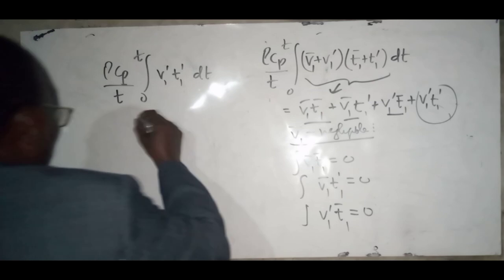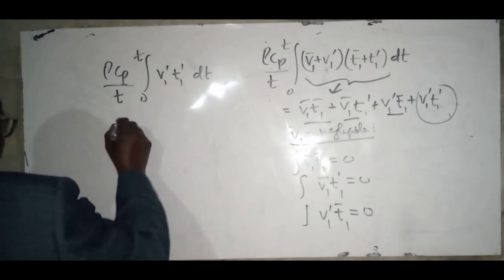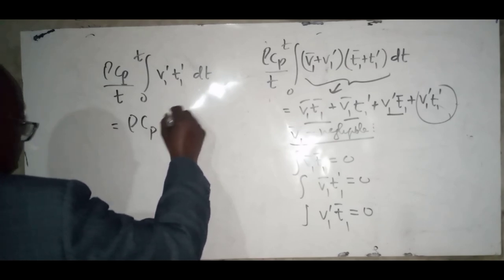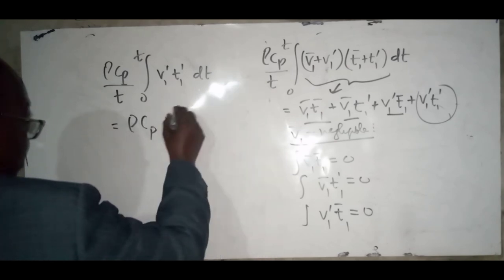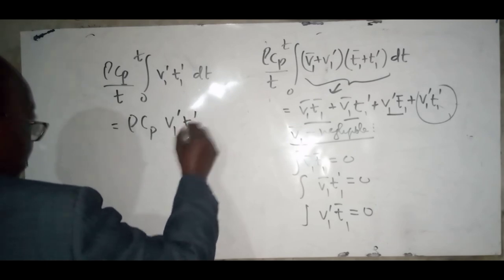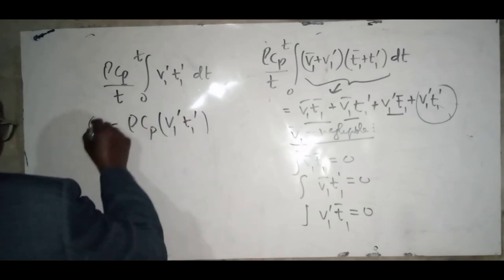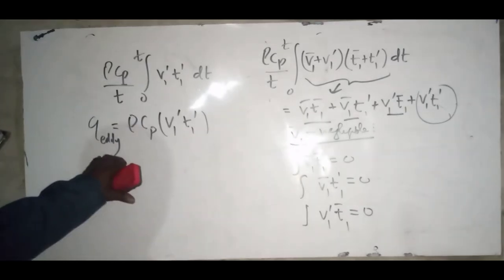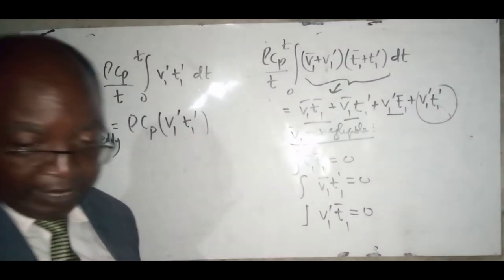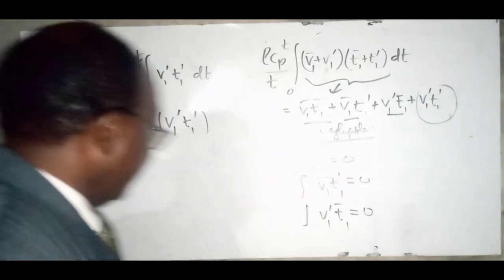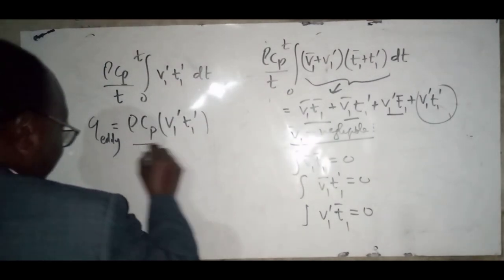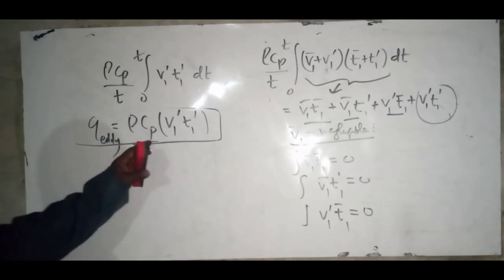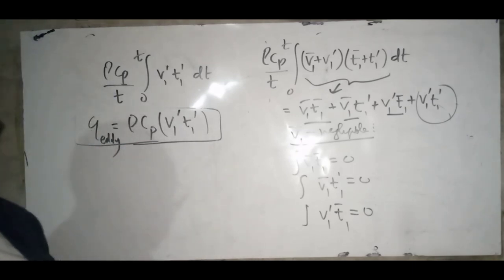And so we end up with this quantity, rho Cp V1 prime T1 prime, for Q. And remember, this was almost the same expression we had for the shear stress.